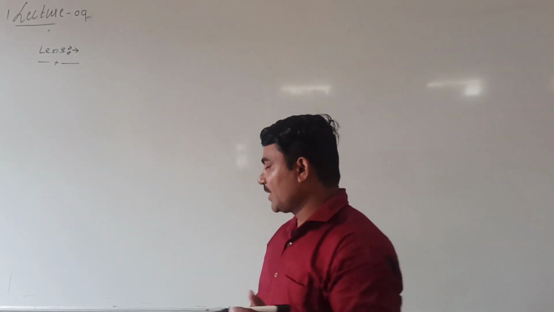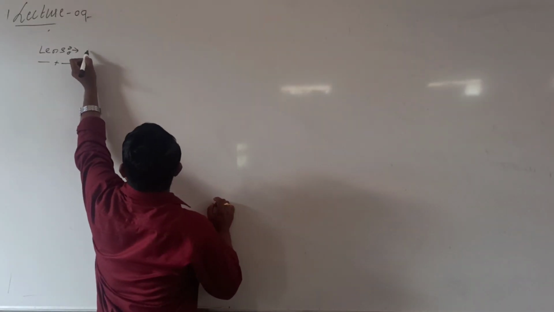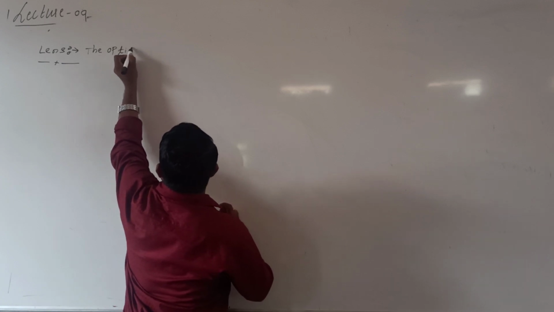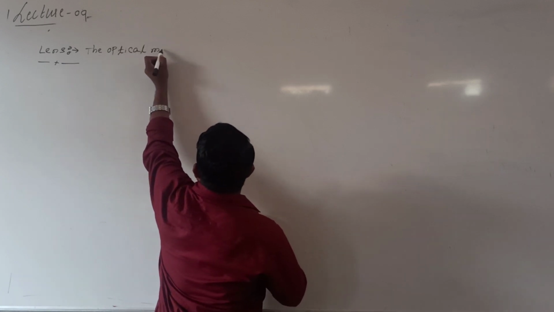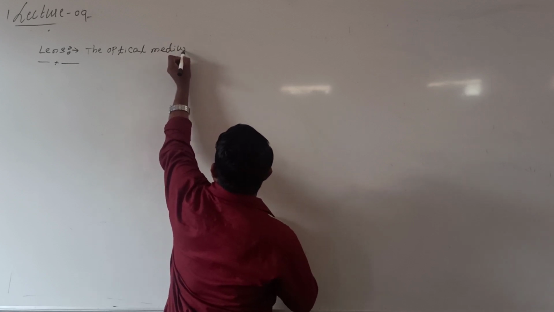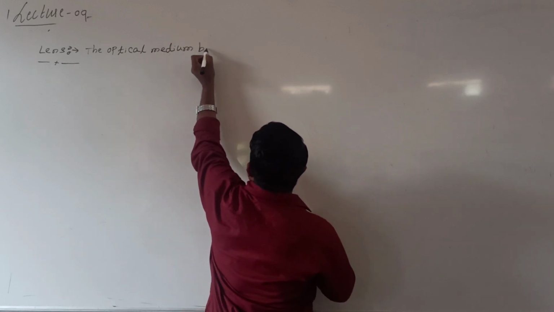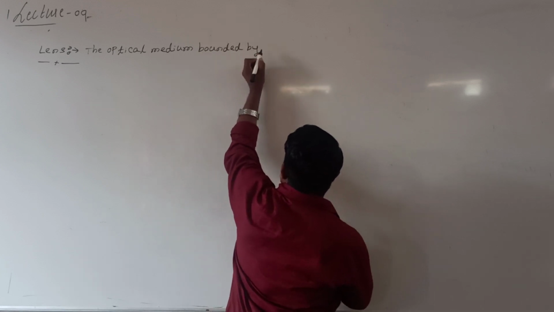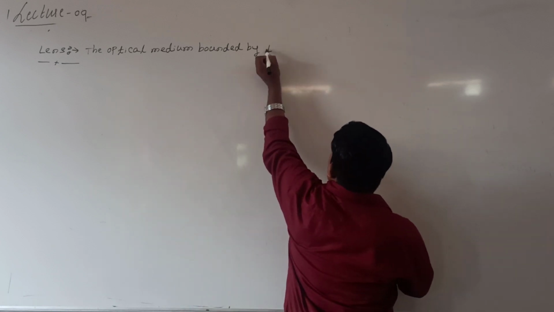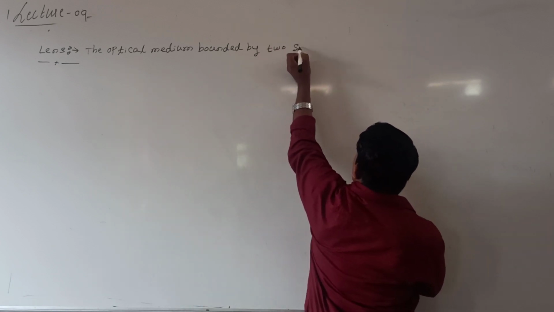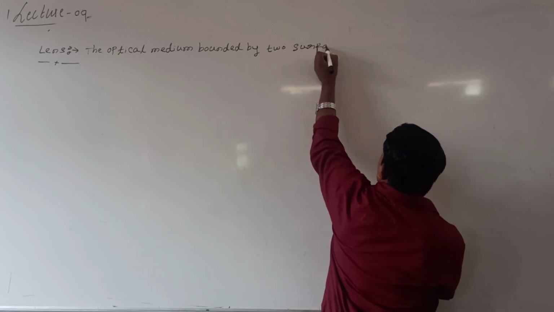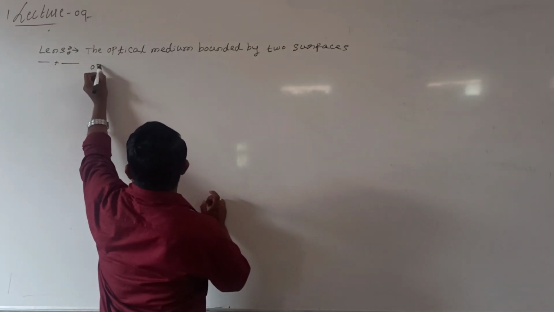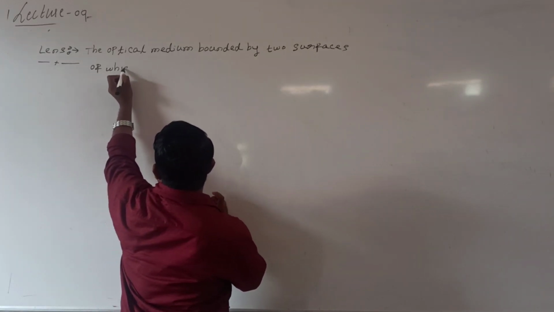Shall I define lens? The optical medium bounded by two surfaces, of which one must be spherical.